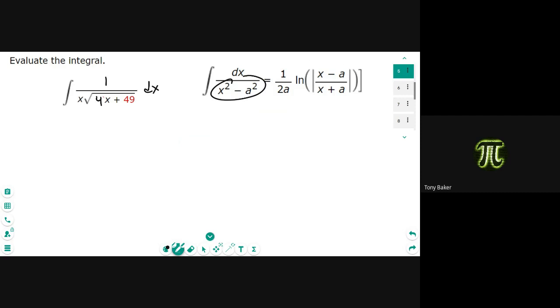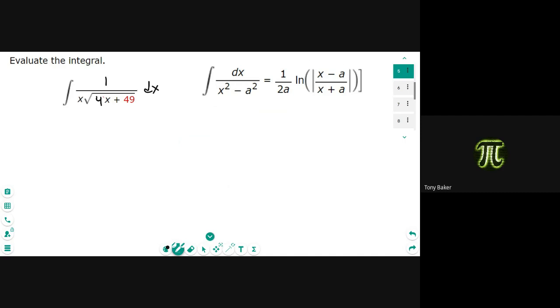You can't just take the square root of the stuff, so that does not equal 2x plus 7. We've got to do some work here to make this usable with this rule.